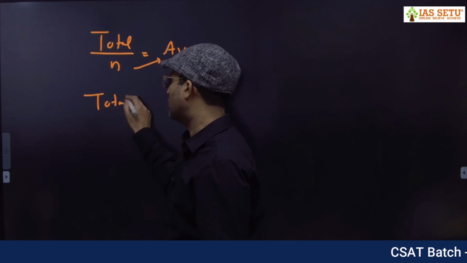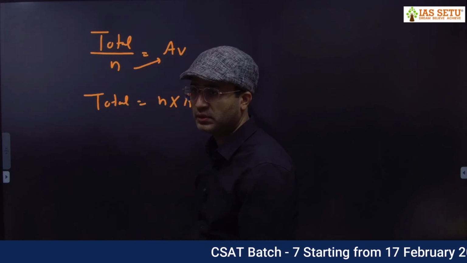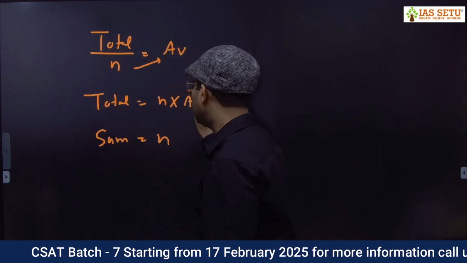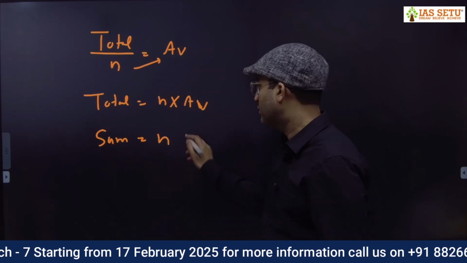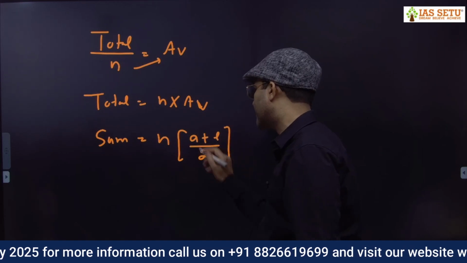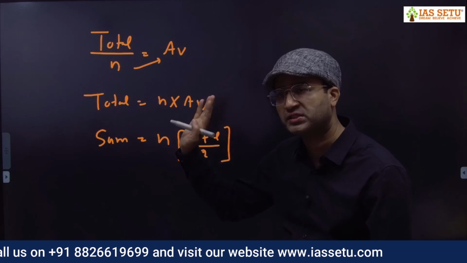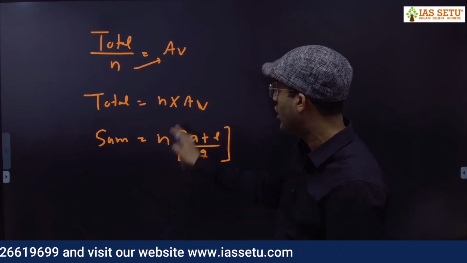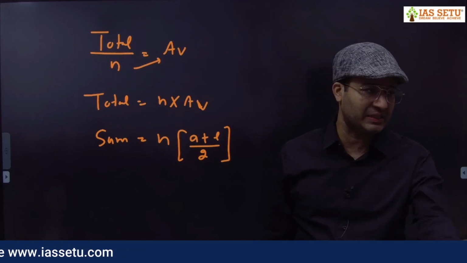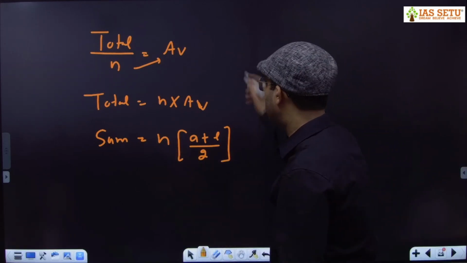So total is nothing but n into average. What is total? Sum. And what is the average in an AP? It is fixed, whether the number of terms is odd or even: the average of an AP is first term plus last term divided by 2. So here you take 2 outside.